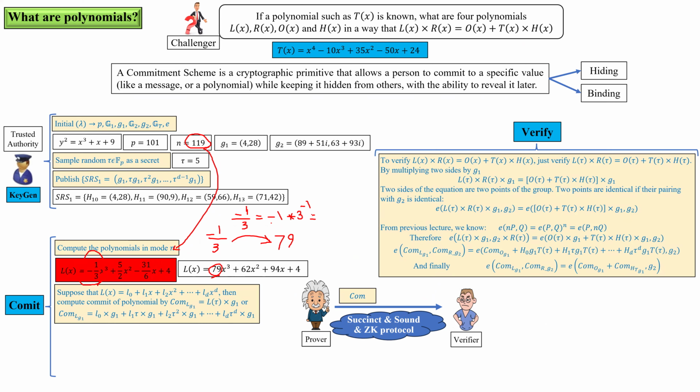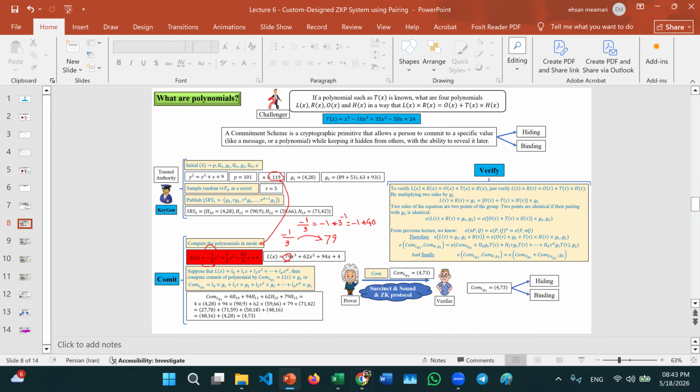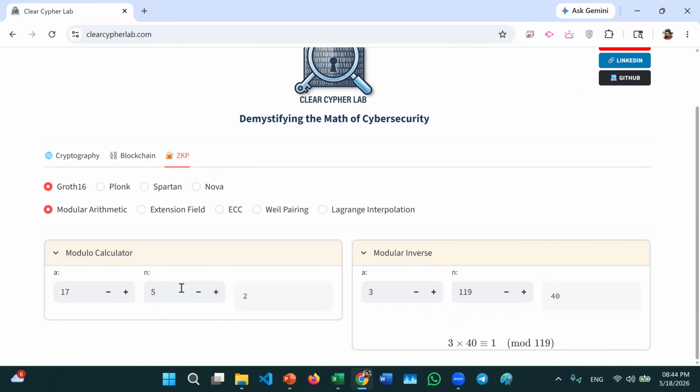This equals minus 1 multiplied by 40, right? Now we want to compute minus 40 in mod 119. So in modular arithmetic, 119 minus 40 equals 79, right?